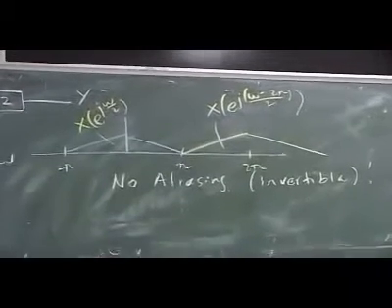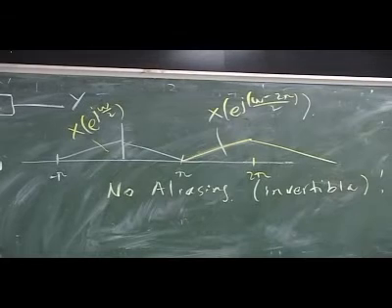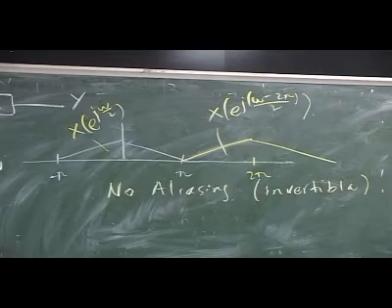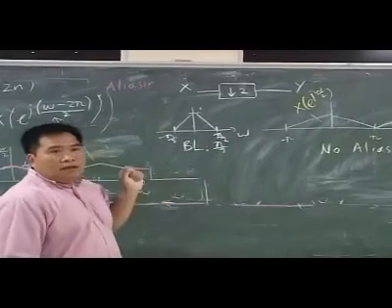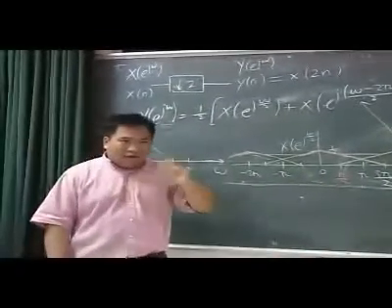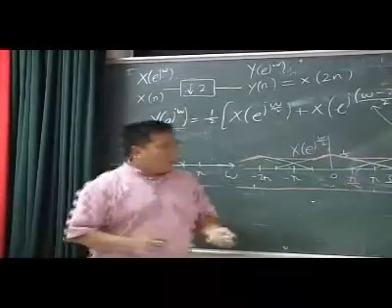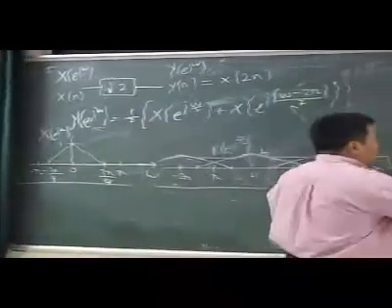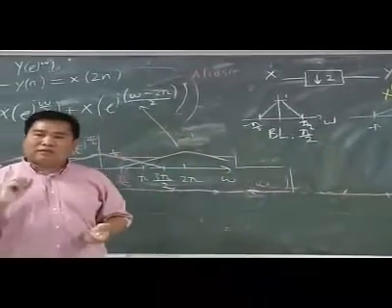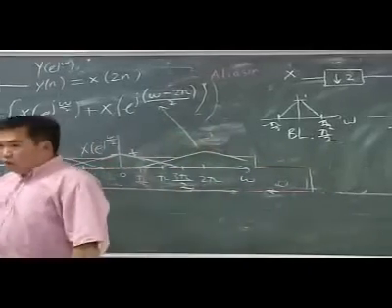All right. Let's see. Tell me, when can we downsample with no error? When bandlimited to pi over 2, tell me in the time domain, what does it mean when you have a signal bandlimited to pi over 2 in the time domain?